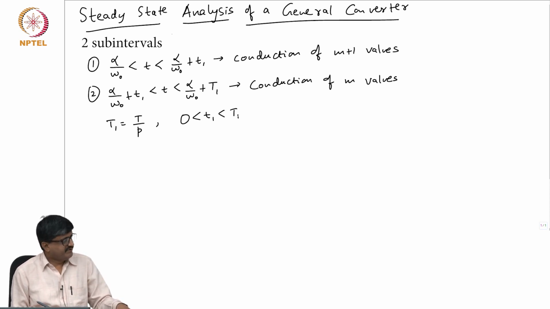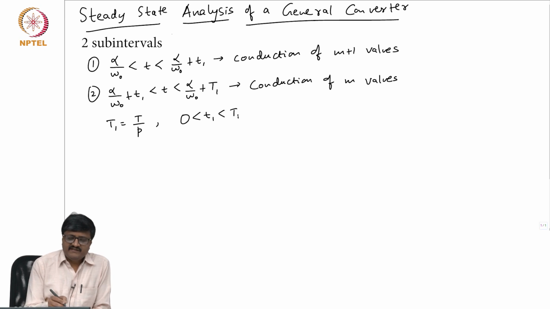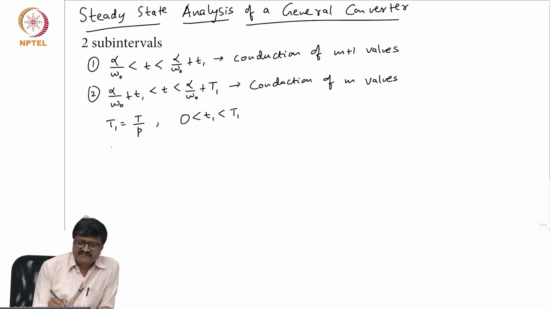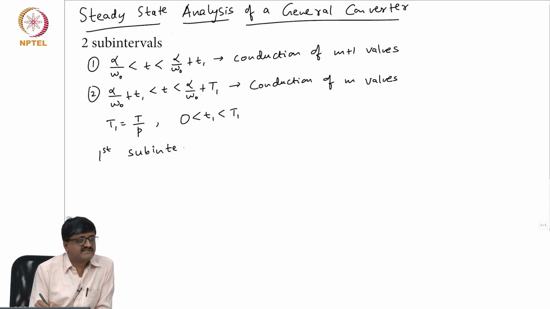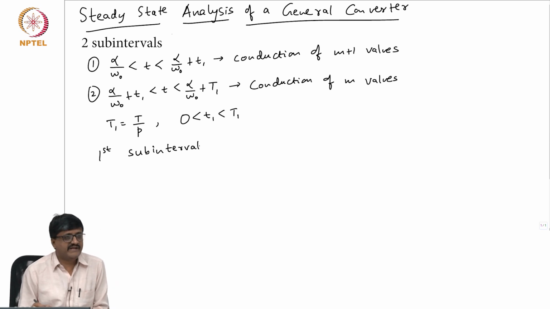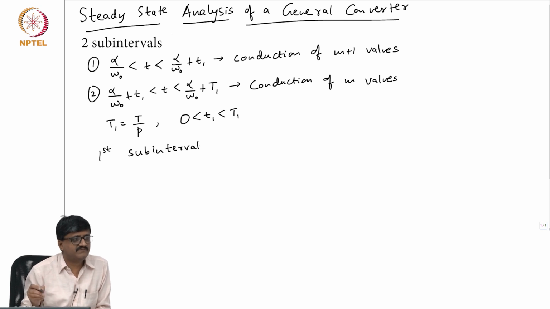So what we do is we try to take the state variables in the first subinterval as x1. So I presume you are familiar with the word state variable, state vector. State vector is not unique, but the size of the state vector is unique. That is the point.